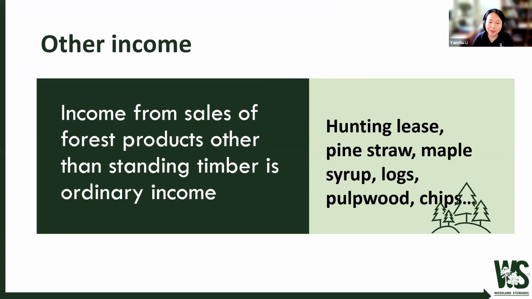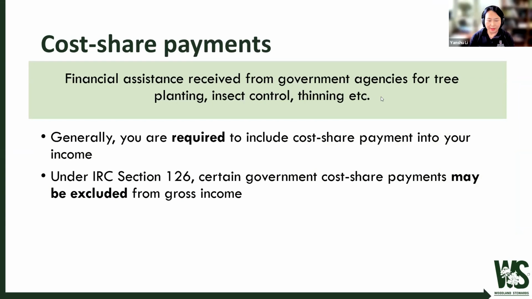I know in some parts in the northern part of the country, selling maple syrup is a very important source of revenue, and normally income from those products is classified as ordinary income and is subject to the ordinary income tax rate. And those are the major sources of income from timber and forest products sales.